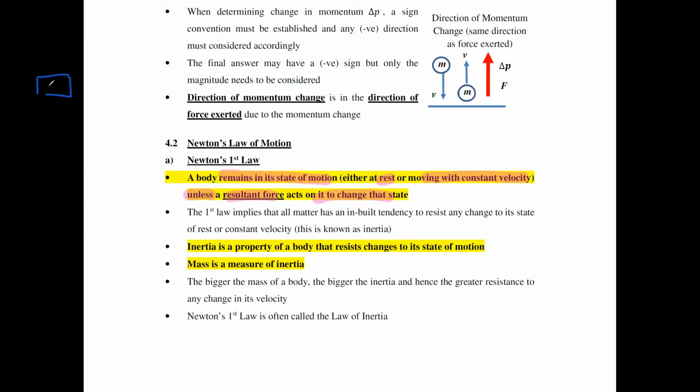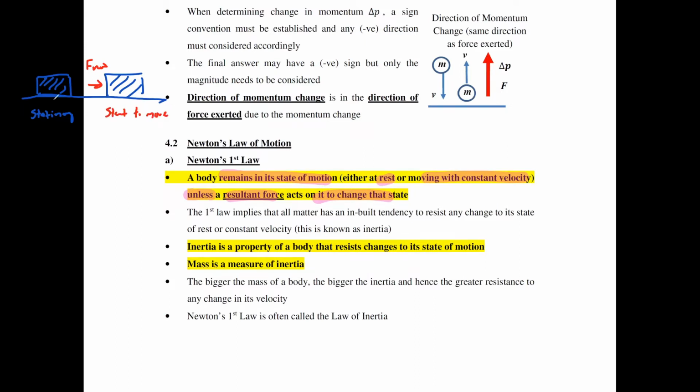If you have a stationary object, and you don't apply any resultant force on it, it will remain stationary. But if you apply a resultant force on that stationary object, then it will start to move.